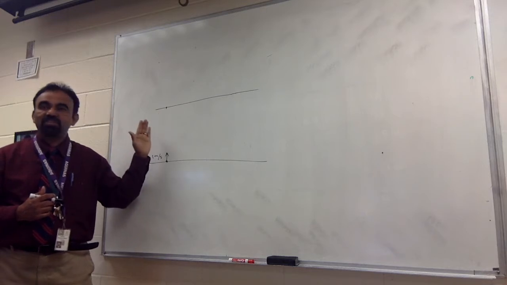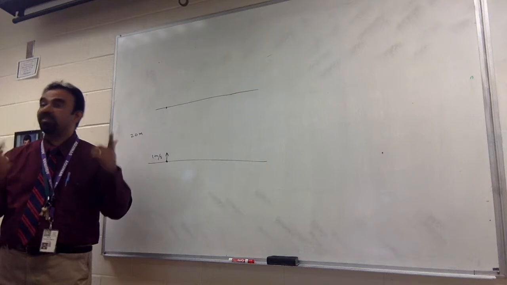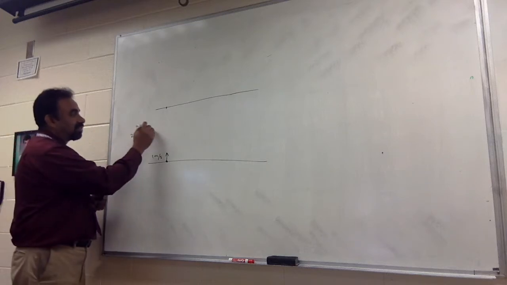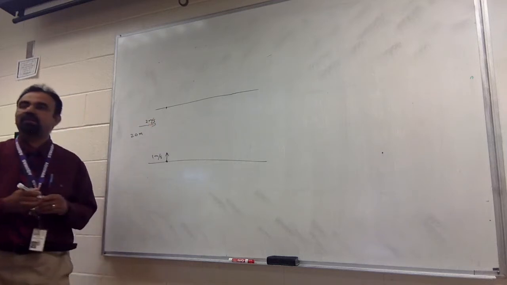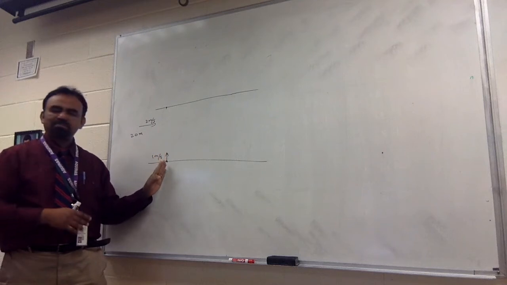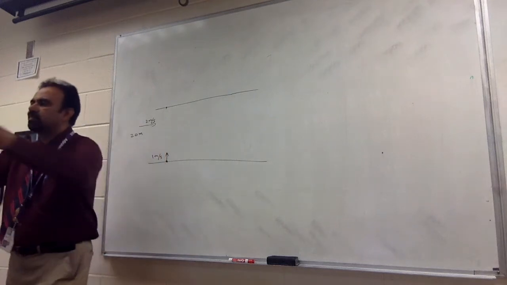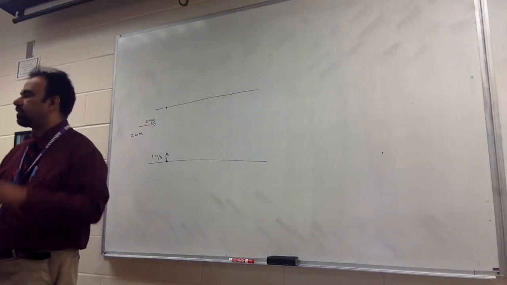Now let's say the river is not still. The river is moving. There is a river current of 2 meters per second. So the river is flowing that way, and you're just blindly swimming across.